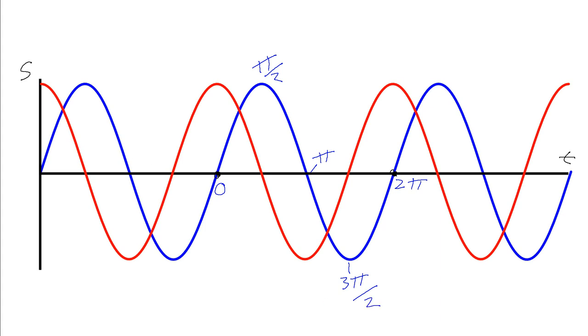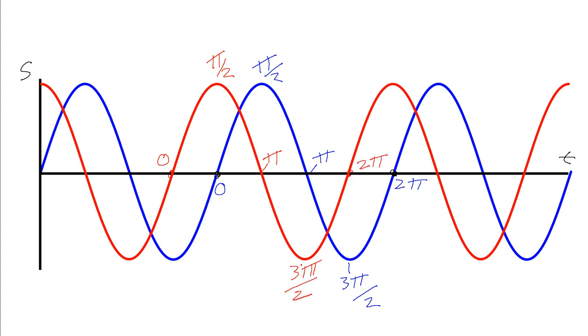Now we can do the same thing on the red wave. We can label up equivalent points on the red wave. So the equivalent 0 point on the red wave would be here. We'd have the pi/2 here. Here's pi. Here's 3 pi/2. And here's the 2 pi back to the start of the next cycle.